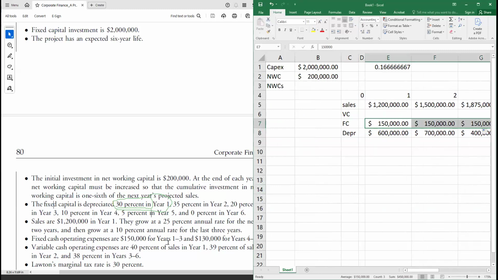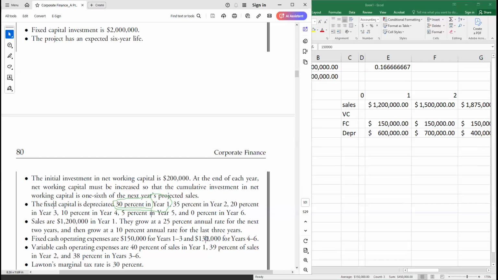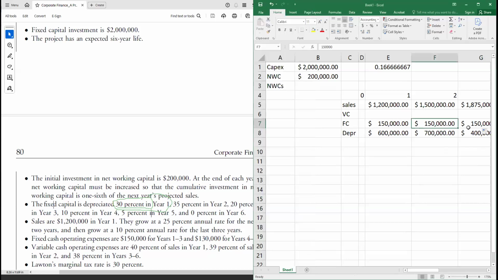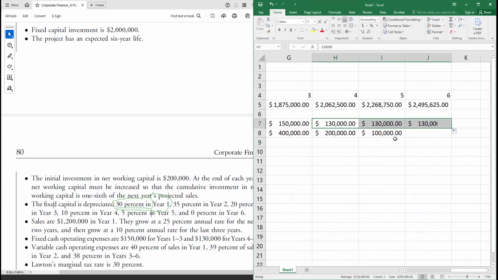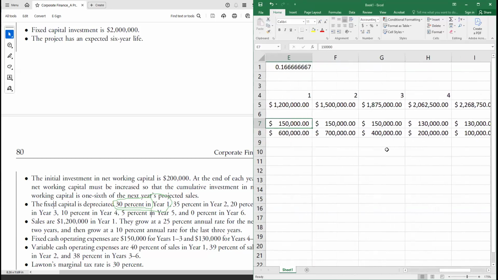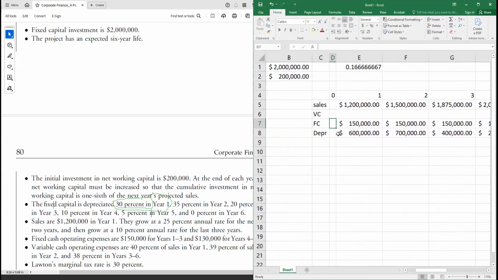And 130 for the last 3 years. That's the fixed cost. There's no logic. Just get the number and plug it into the cells. That's it. And variable costs are here.